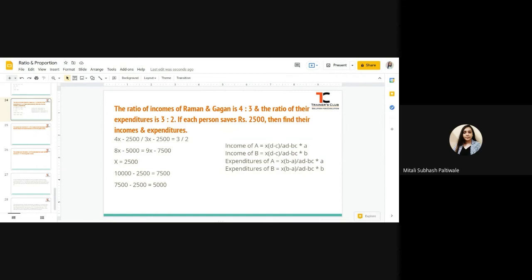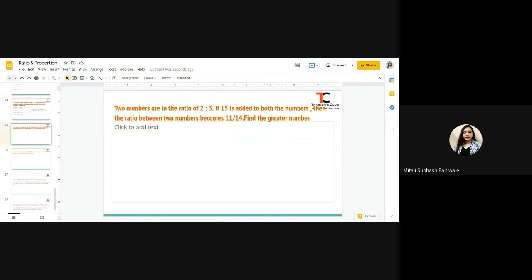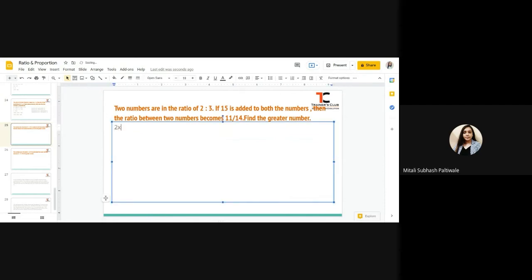Now let's get on to another example which says two numbers are in the ratio of 2:3. If 15 is added to both the numbers, then the ratio between the numbers becomes 11:14. So find the greater number. So the number was 2x, and 15 is added, and the other number was 3x, and 15 is added.